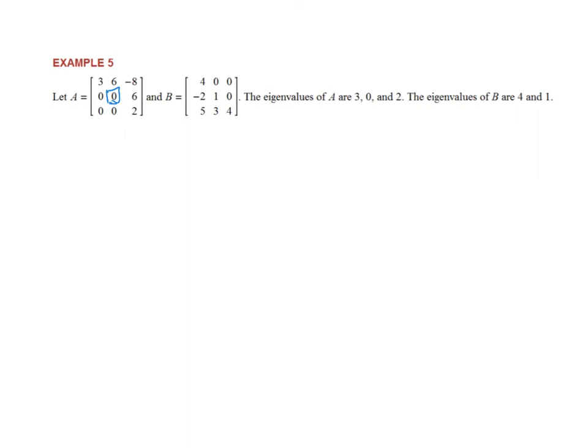So lambda would equal 0 in our Ax equals lambda x, giving Ax equals 0. If 0 is an eigenvalue, then this equation has a non-trivial solution.